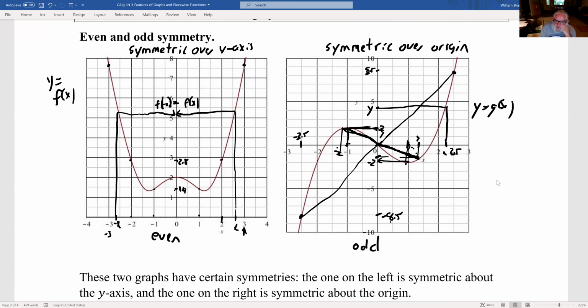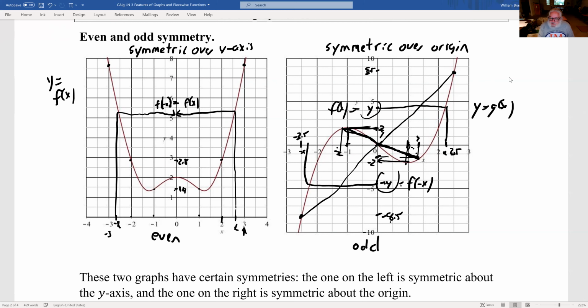If I take minus x, which is out here, I go to the graph, what I'll get is the opposite y value. So equal and opposite x values give me equal and opposite y values. So this is equal to f of minus x. This is equal to f of x.